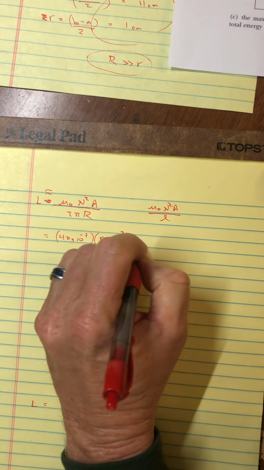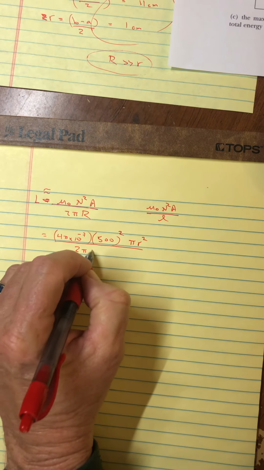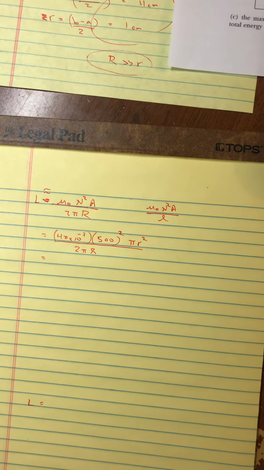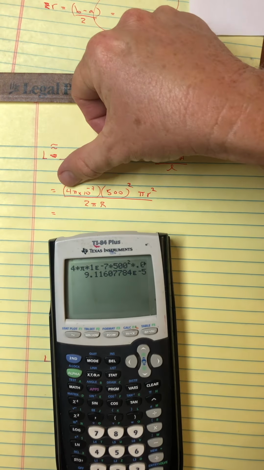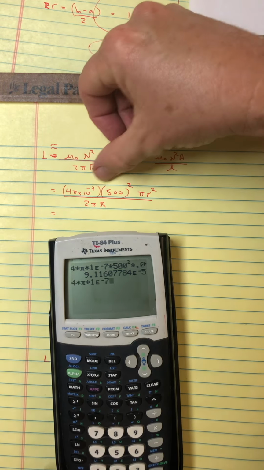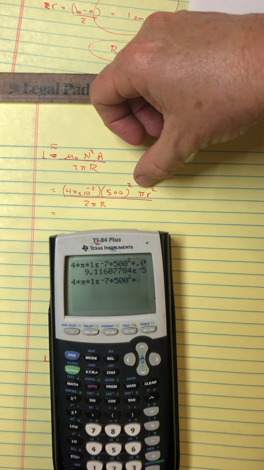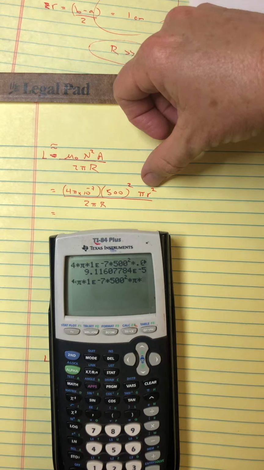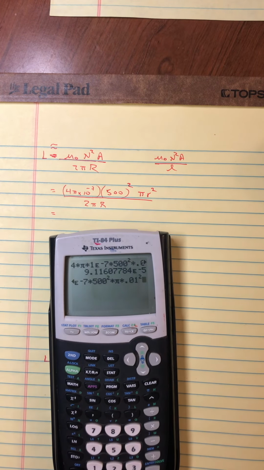The area would be pi times little r squared, and the circumference would be 2 pi times the big R. All right, so putting in my numbers here, 4 pi times 10 to the negative 7 times 500 squared times pi times little r, and I guess we said little r would be 1 centimeter, 0.01 squared.